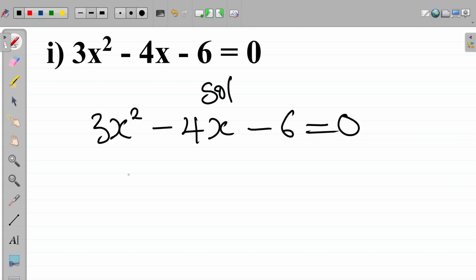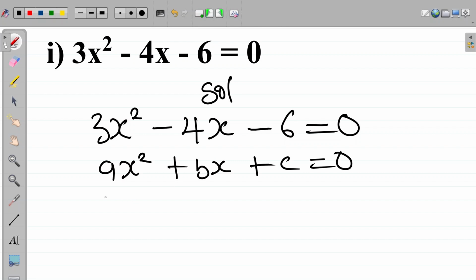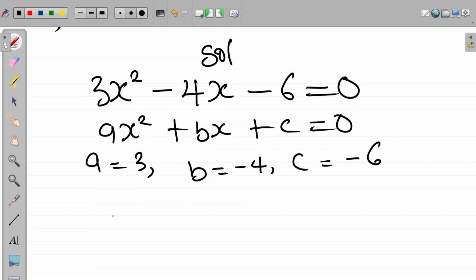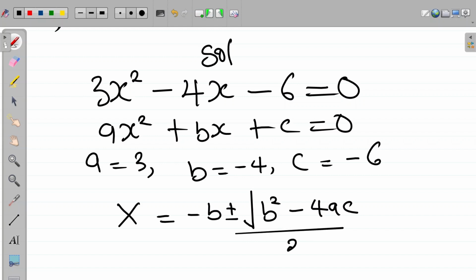Now, if we compare this with our general quadratic equation, ax squared plus bx plus c equals 0, we can see that a is equal to 3, b is equal to negative 4, and c is equal to negative 6. Thus, from the quadratic formula, we have that x is equal to minus b plus or minus the root of b squared minus 4ac, divided by 2a.